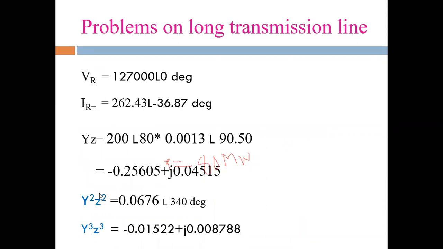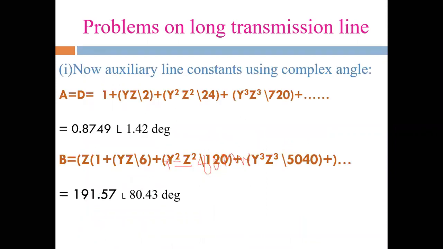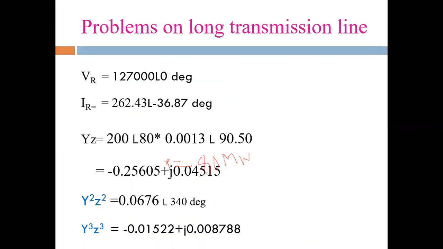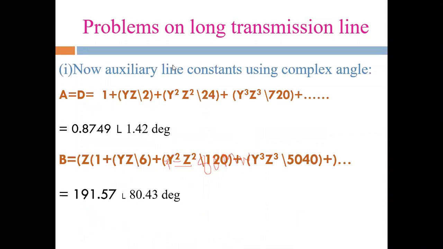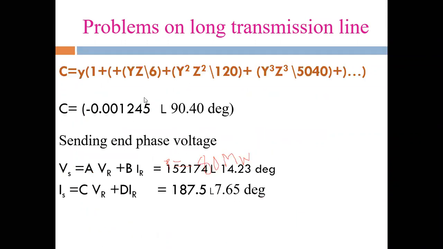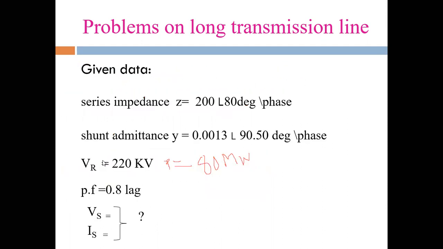First, we write down the formulas for the sending end voltage and the sending end current. Vs is equal to A VR plus B IR, and then Is is equal to C VR plus D IR. These are the generalized equations.